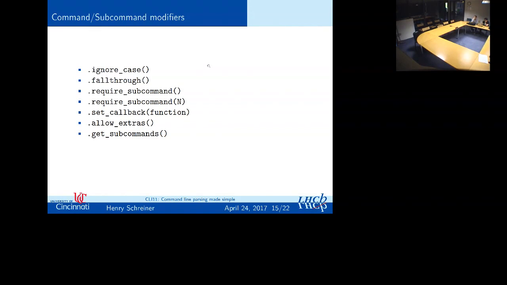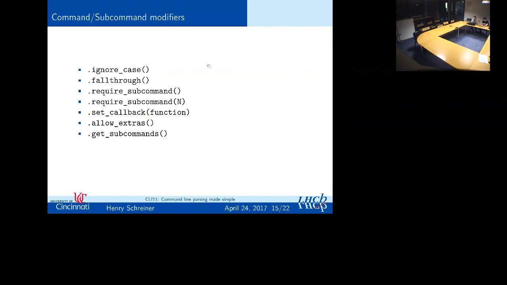You can require that a subcommand be passed. You can require that a certain number of subcommands be passed. This was from the Click library. They had some techniques for subcommand chaining that needed this. You can set a callback function, which I'll mention in just a second. You can allow extras.